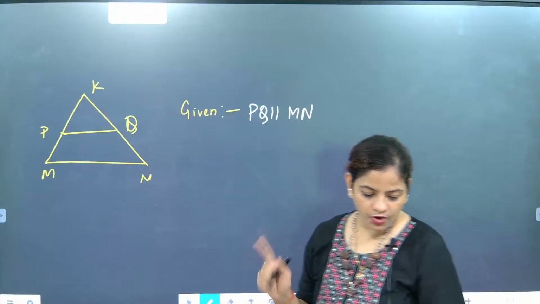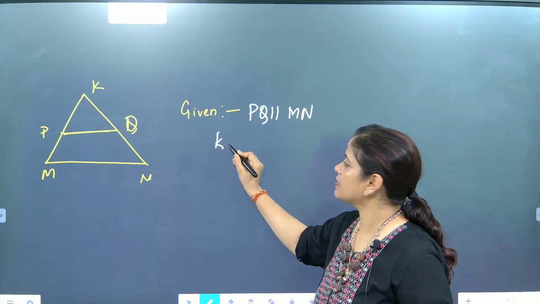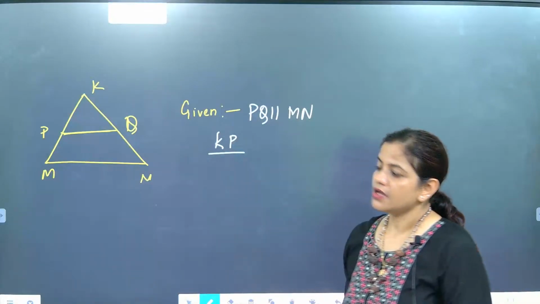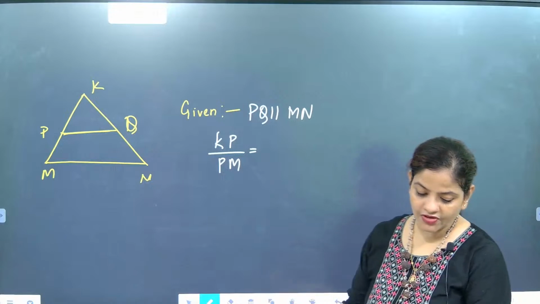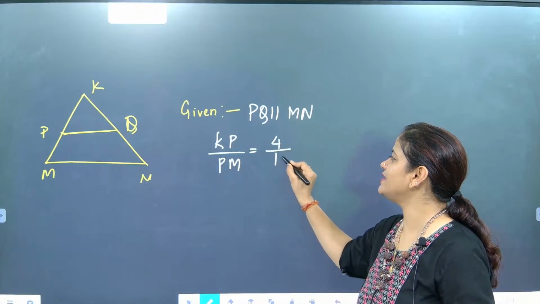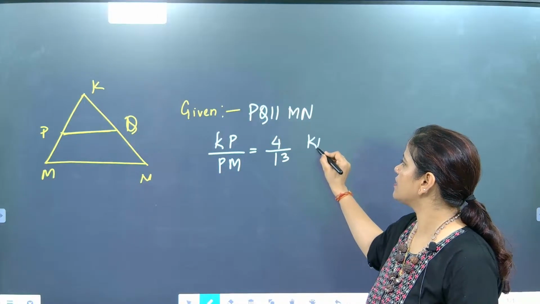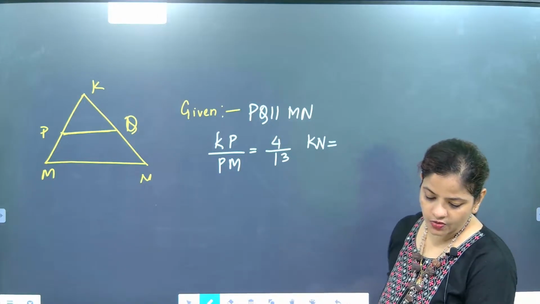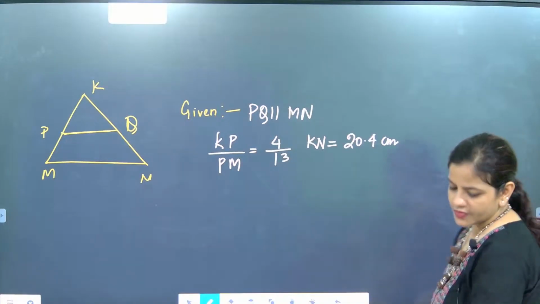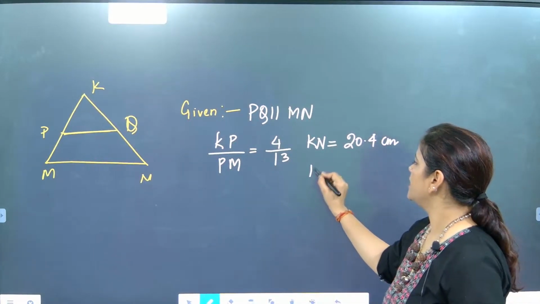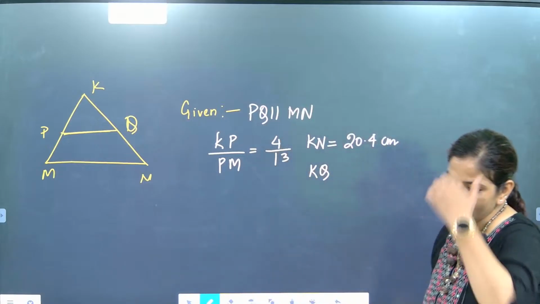After that, they told that KP by PM is equal to the ratio 4 by 13. And they have given KN is equal to 20.4 centimeter. Got it? You have to find KQ. Understood? You have to find KQ.